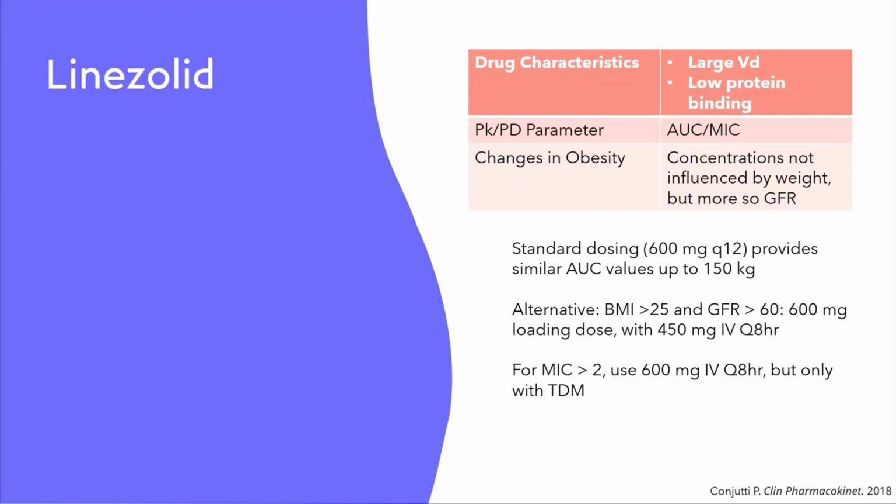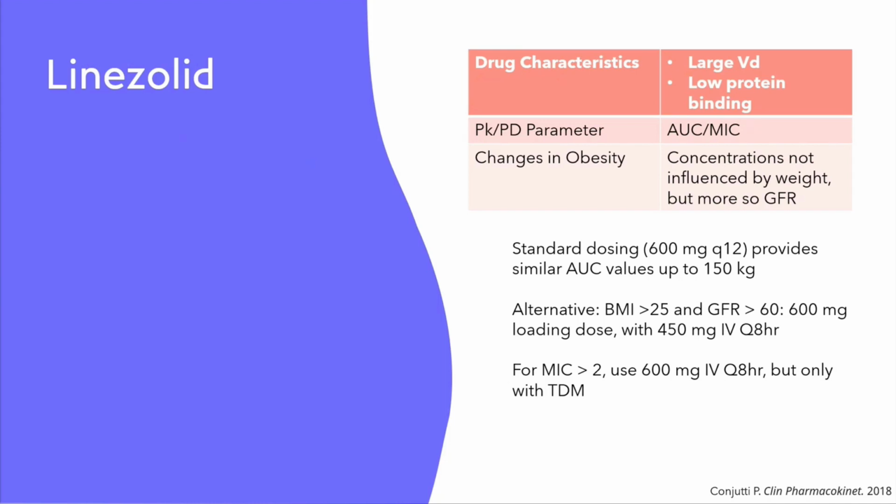It sort of falls into that category of AUC to MIC. And concentration's not so much influenced by weight, but more so clearance. And so there's at least one reference that was able to find that standard dosing of 600 milligrams Q12 was able to provide similar AUC values all the way up to a weight of 150 kilos.